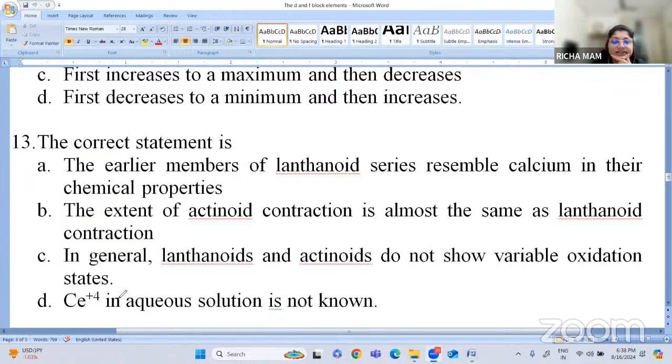And D: cerium plus 4 in aqueous solution is not known. So which is the correct statement among the following? Try to answer. Apply your knowledge about the lanthanoids and actinoids, and try to answer this.